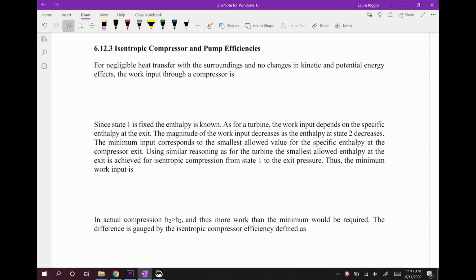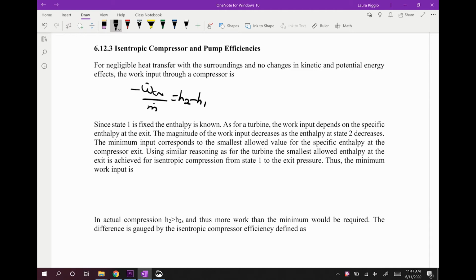In this lecture, we're going to go over the isentropic efficiency of compressors and pumps. If there's negligible heat transfer with the surroundings and no changes in kinetic or potential energy effects, the work input to a compressor or a pump is minus (H2 minus H1).